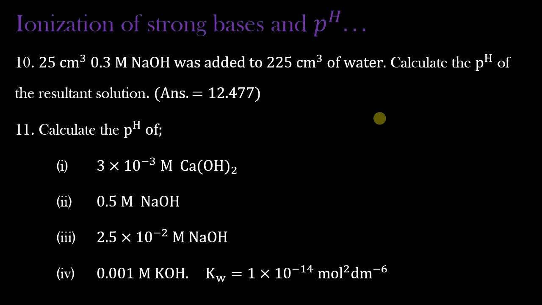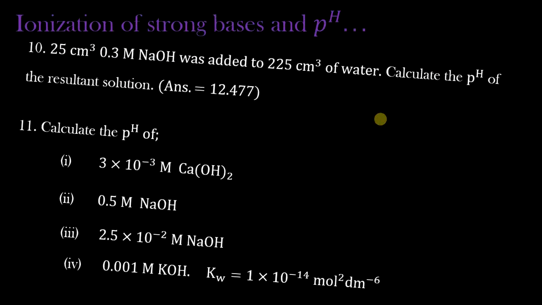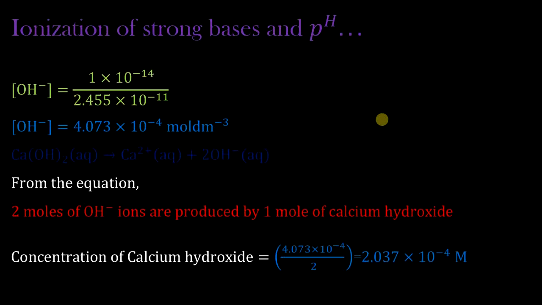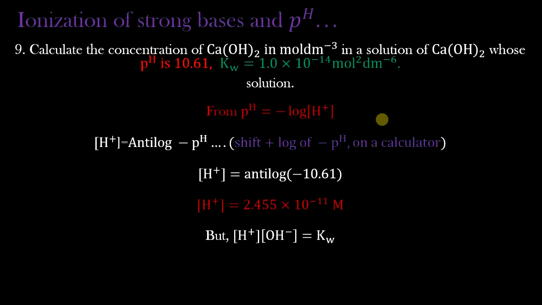Now, if we don't use that approach, in our second approach what you can do is, I've not shown that on the slide, but you get the pH, which is 10.61, and you subtract it from 14, because pH plus pOH is equal to 14.